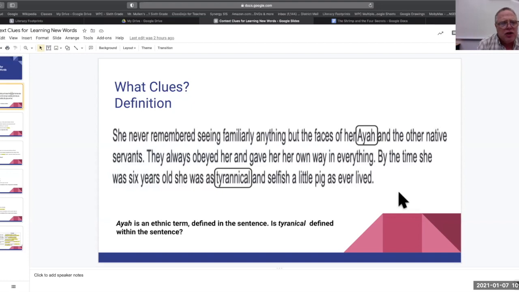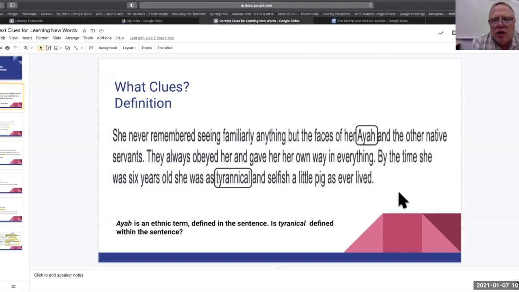And there's just these 3 lines that I want to read. She never remembered seeing familiarly anything but the faces of her ayah and other native servants. They always obeyed her and gave her her own way in everything. By the time she was 6 years old, she was as tyrannical and selfish a little pig as ever lived.